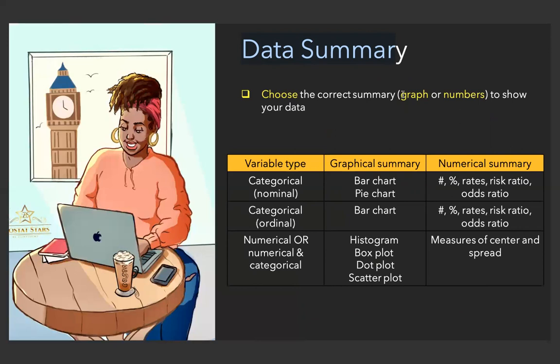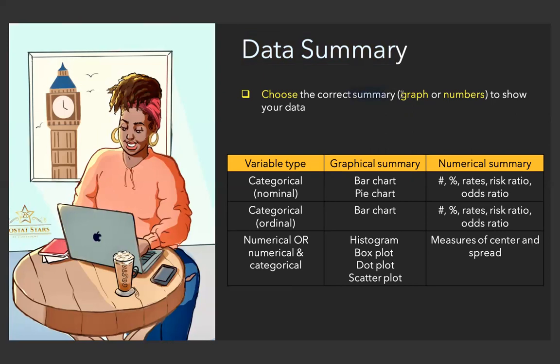So usually the data summary type that we're going to use depends on us as the researcher, depends on what we want to show, but it also depends on the type of variable that we have. Okay, so these two things, our intention and the type of variable, this is going to lead us to select the correct summary.